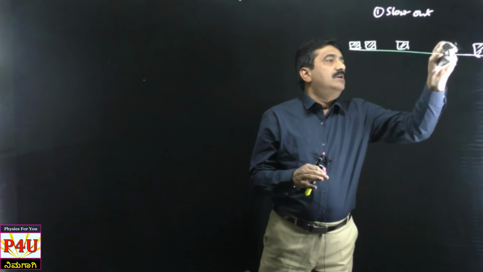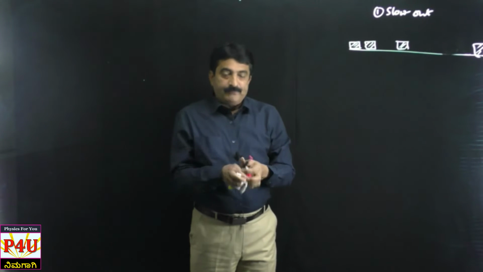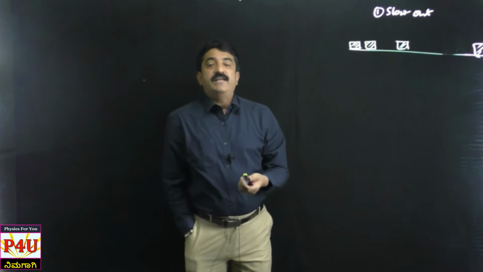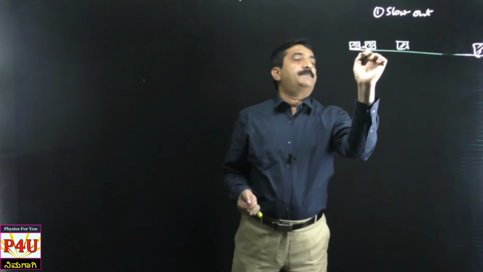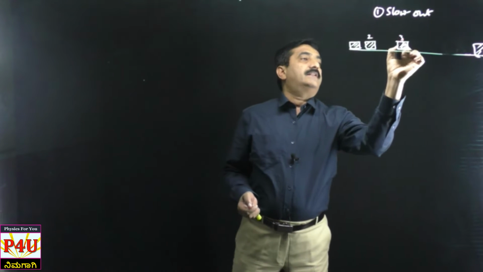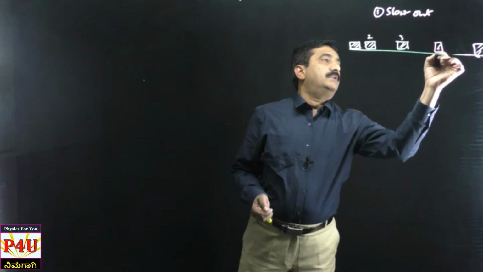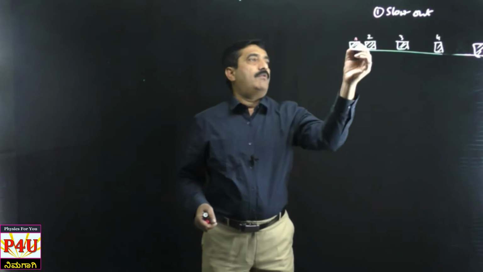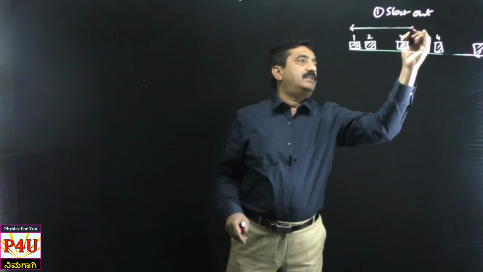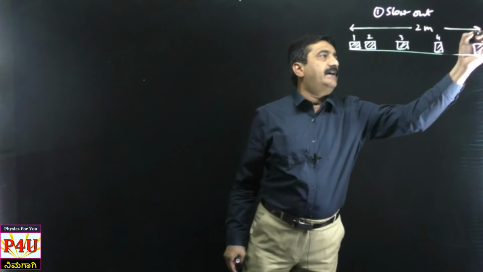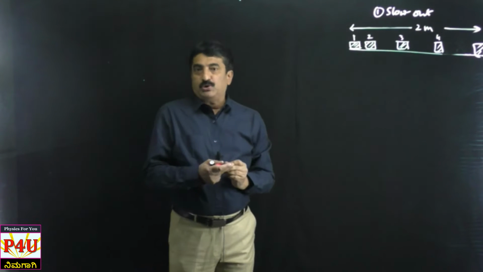As you all know, spacing keeps on increasing in terms of odd numbers. So this is the spacing between second and third, fourth and fifth is this much. 1 2 3 4 5 like this. Assume that the total distance traveled is 2 meter.